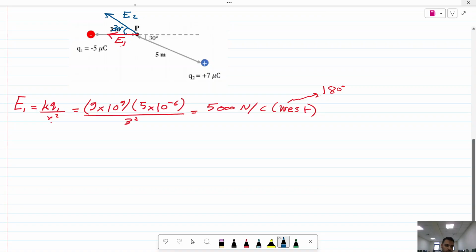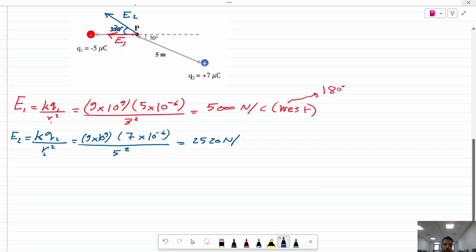Now let's calculate E2. E2 is equal to K times Q2 over distance 2 squared, which is equal to 9 times 10 to the power 9 multiplied by 7 times 10 to the power minus 6 divided by the distance between them, which is 5 squared, which will be equal to 2,520 newtons per coulomb.